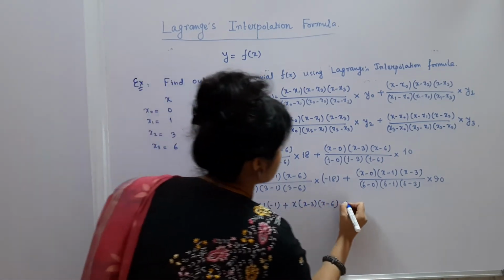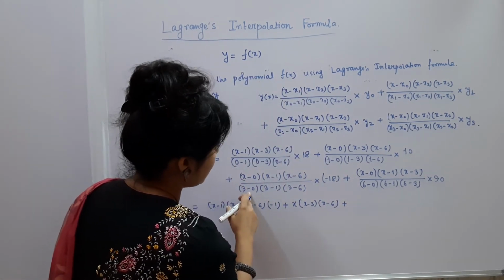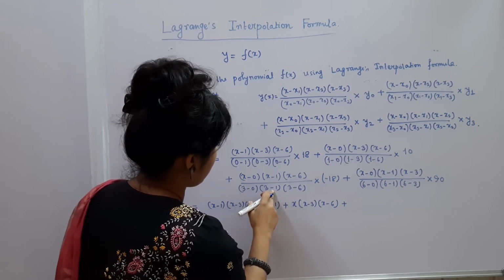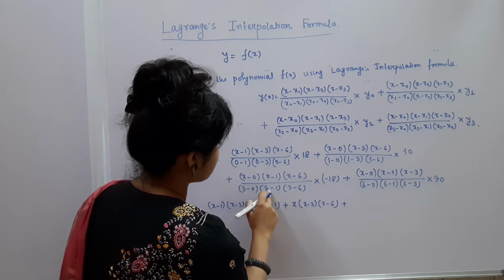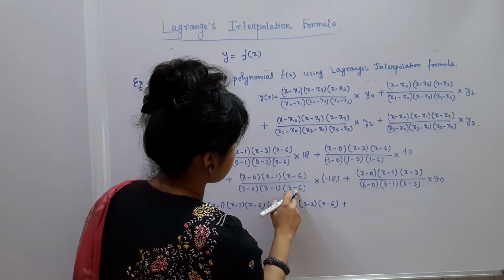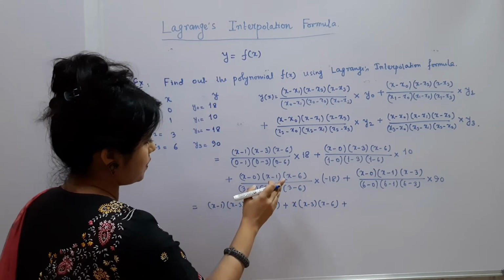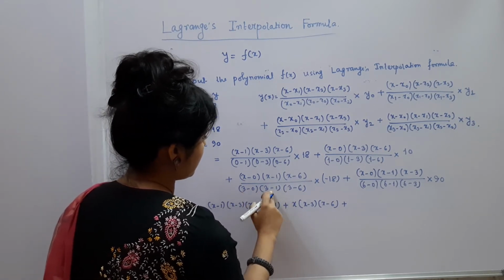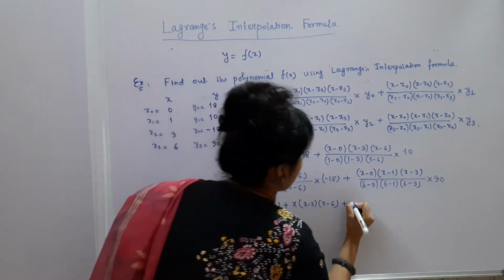Now in the third term, that is 3, this is 3, this is minus 2, that means minus 6, and this is minus 3 again, so minus 18. So this is 3, this is minus minus plus, so here is again a minus.